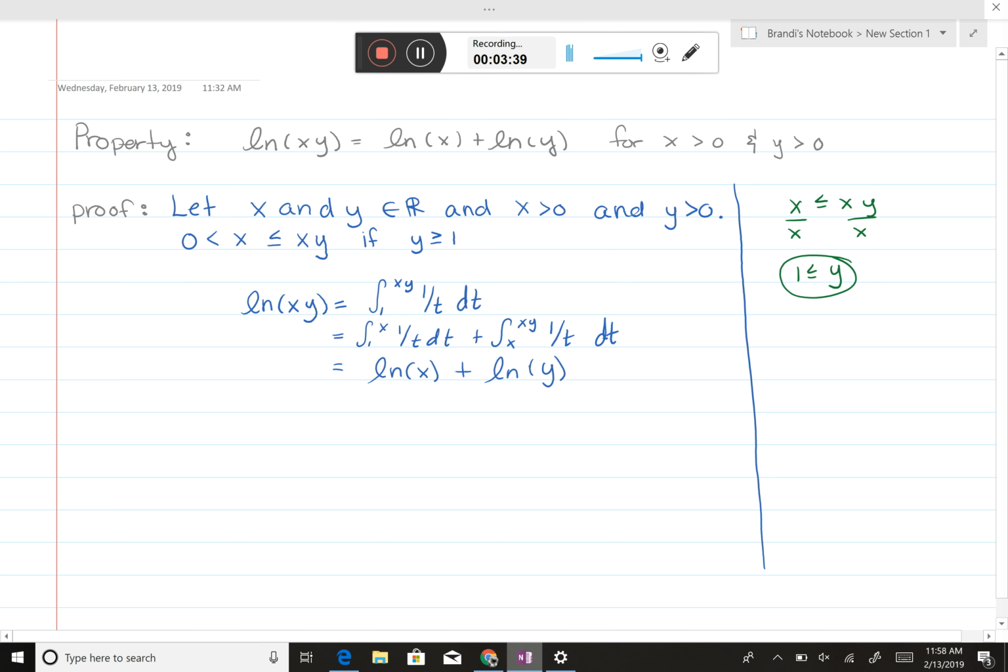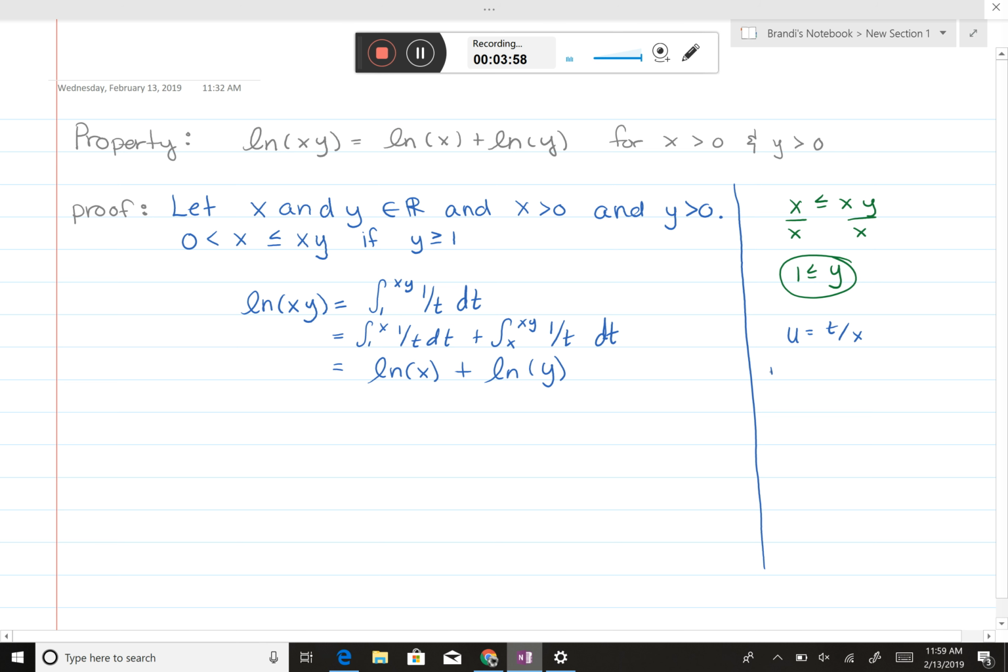So we're going to write that down, and then we're going to go over here and do that u substitution. So what we're going to do is let u equal t over x. And we're just going to try and deal with how many variables that will leave us with. So u is equal to t over x.